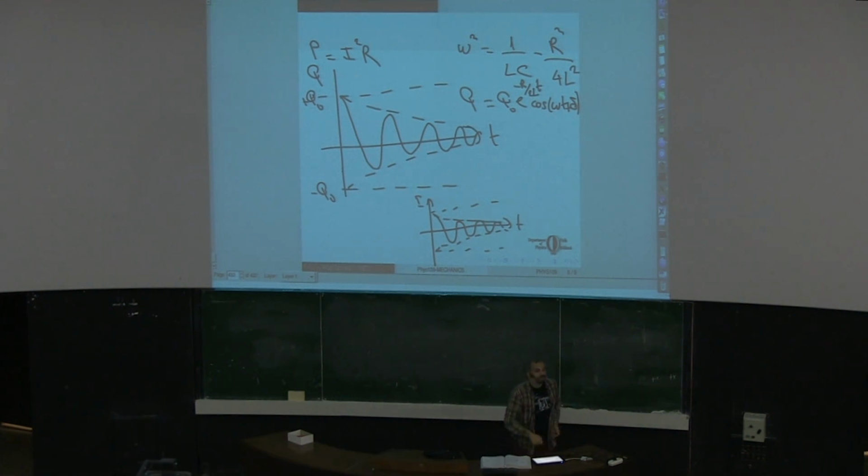Now, of course, we also have all these cases. Let's say if R is small, the resistor is small, then omega squared is positive, and we will have an oscillating system, although the amplitude will be diminished.